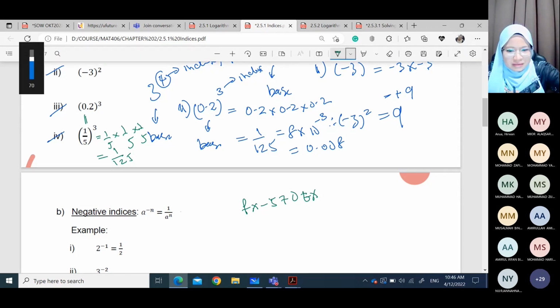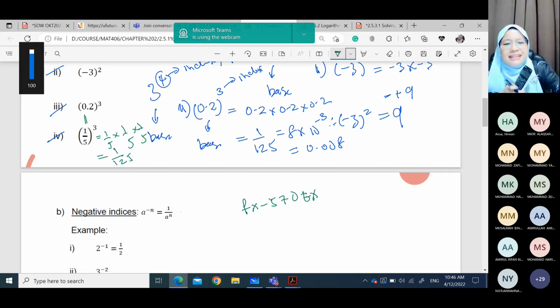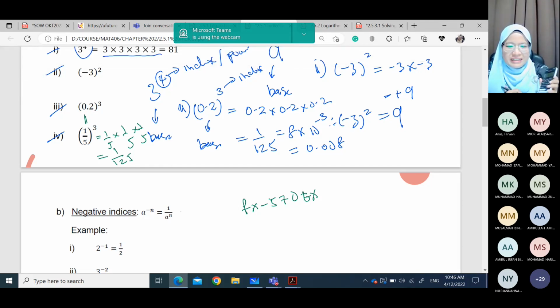Kalkulator saya dah 10 tahun yang lepas, tak tahu hilang gimana. Mesti kena ada calculator. Okay, so test ke quiz ke memang guna calculator. Okay, any scientific calculator yang sesuai lah. Alright. Okay, ada soalan?